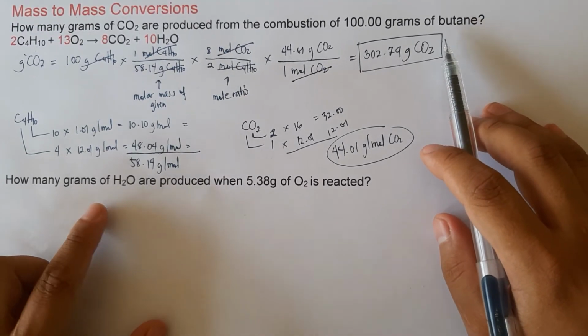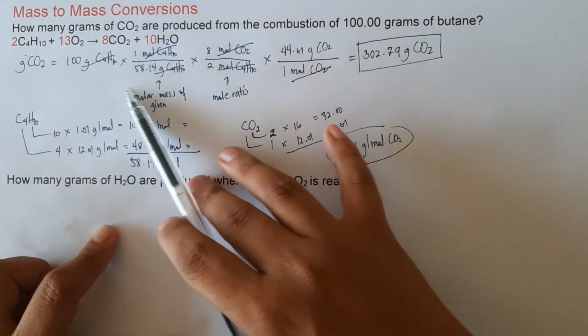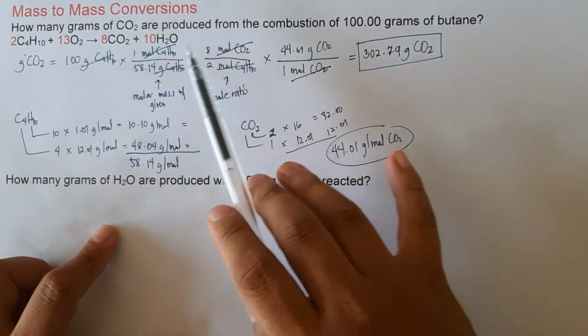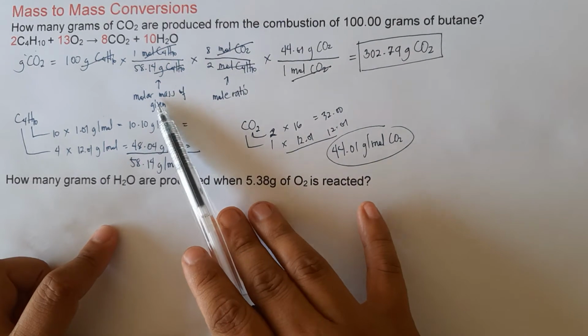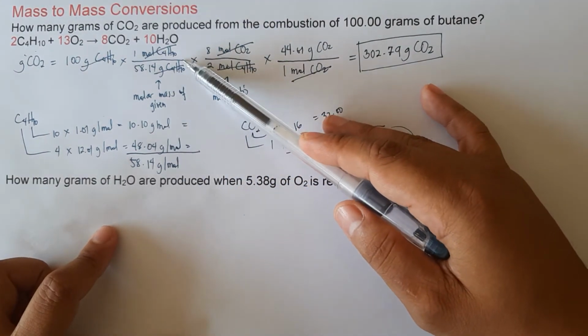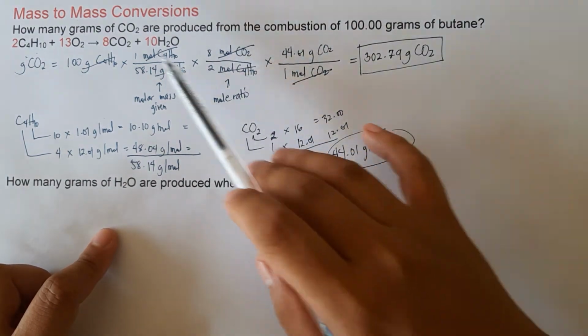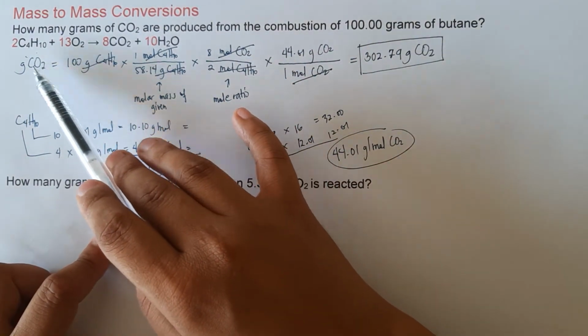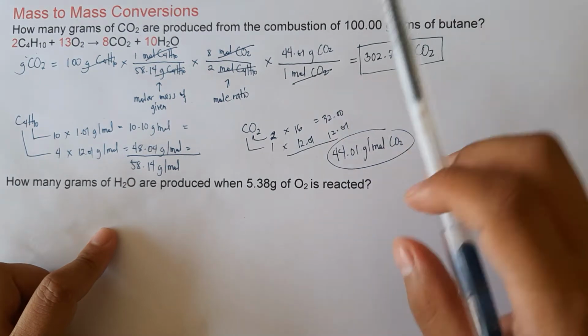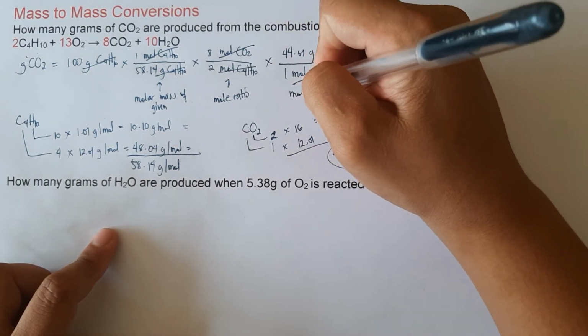So kagaya na sinabi ko kanina, medyo mahaba yung ating solution kasi nga tatlo yung ginamit natin. First one is the molar mass of the given. Next one is the mole ratio of the given and what is being asked. And the last one is the molar mass.